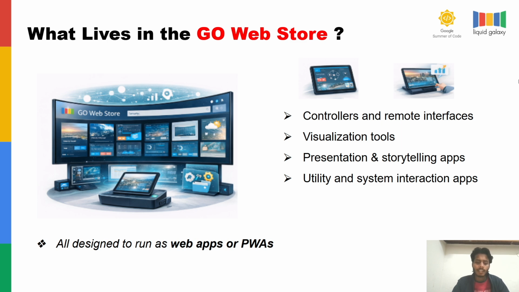This makes the entire ecosystem easier to maintain, easier to scale, and easier for new developers to contribute. Now that we have mentioned progressive web apps multiple times, it is important to clearly understand what progressive web apps actually are. So in the next slide, let's take a closer look at progressive web apps.